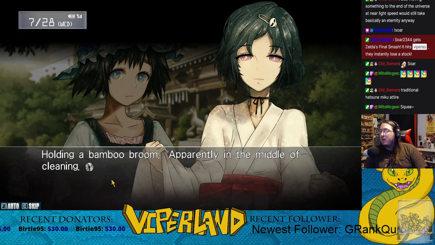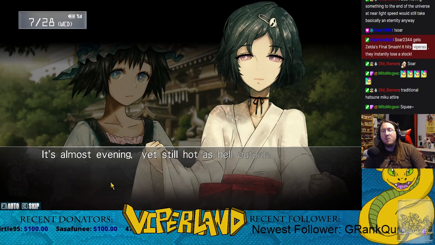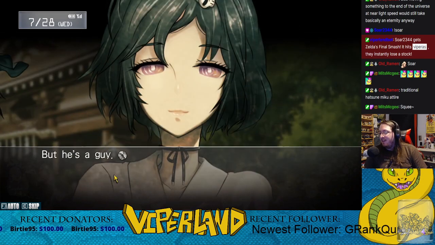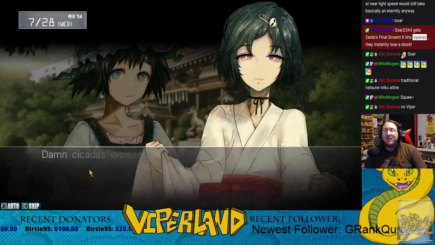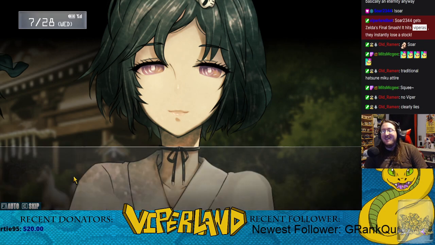Oop. Holding a bamboo broom, apparently in the middle of cleaning. But he's a guy, I don't get why this can hold brooms. I've held brooms before. I've swept things. Plenty of times in my life. It's almost evening, yet still hot as hell outside. But he's a... You get the point. Damn cicadas won't shut up. But he's a guy. Clearly lies.